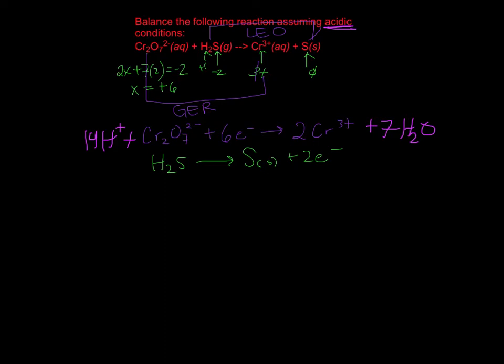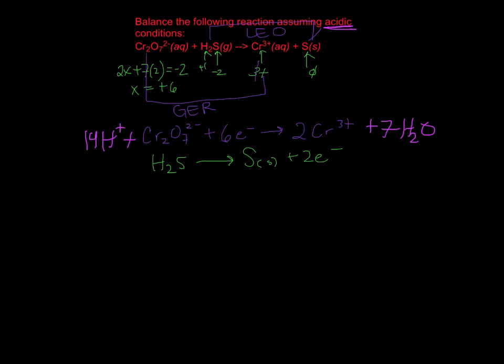And so now our chromiums are balanced. We've got 7 oxygens, 14 hydrogens, 14 hydrogens. The next step is you want to make sure that your charges are all balanced. Here we have a charge of +6. Over here we have 14 plus negative 2, which is positive 12, plus negative 6 is positive 6. So we also have a balance of charge on either side.